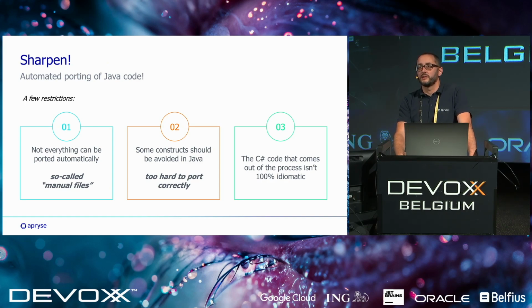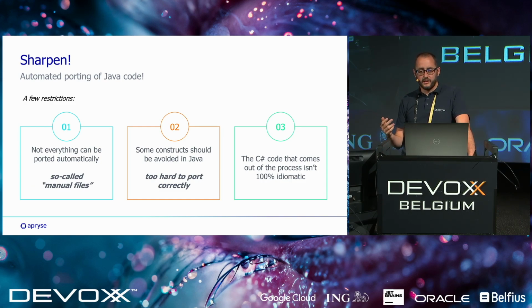Our build system, Jenkins, will stop. It will let you know, hey, I encountered manual files. Please update the C# code as you should, and then continue the process. These are files that touch on, as I mentioned, encryption or signatures or anything that really dives into the standard libraries of either Java or C#.